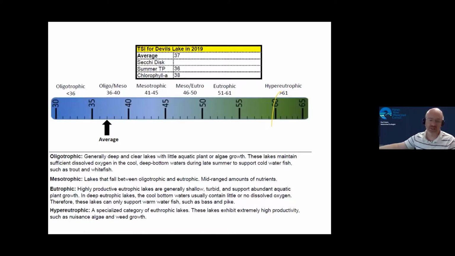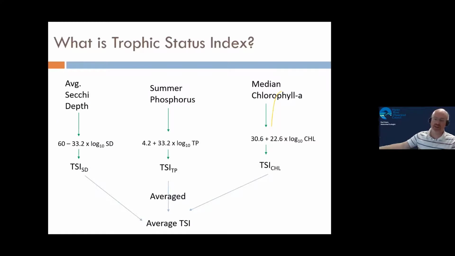So let's just back up one step here, and look at what these numbers actually mean. The problem that we have is that we're trying to compare Secchi to phosphorus to chlorophyll. Now, all those are measurements of different things, as we've talked about, and they're all measured on slightly different scales. Secchi depth is measured in feet, and summer phosphorus and chlorophyll are measured in parts per billion. So they're trying to measure different things, and you're going to get different numbers.